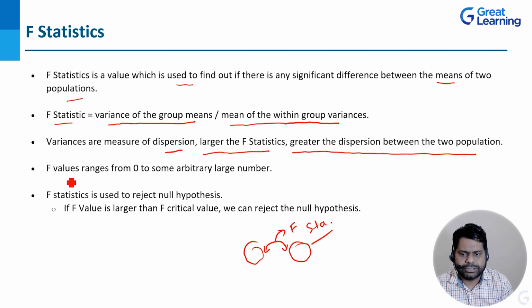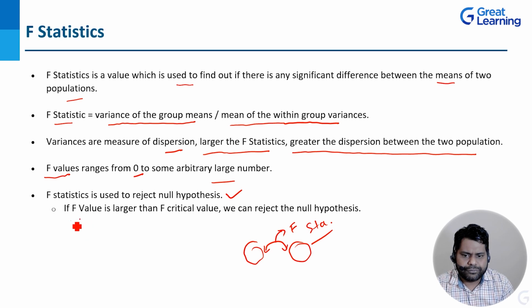Now, what is the range of the F value? Whenever we calculate the F statistic, we get a number which ranges from 0 to an arbitrary very large number. So what is the use of F statistics? F statistics is used to reject or accept the null hypothesis.